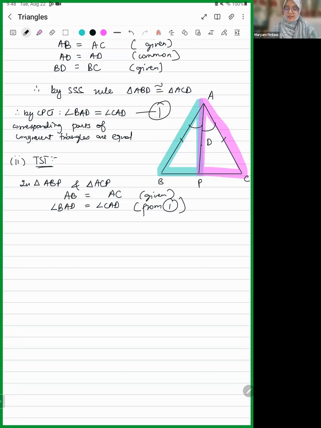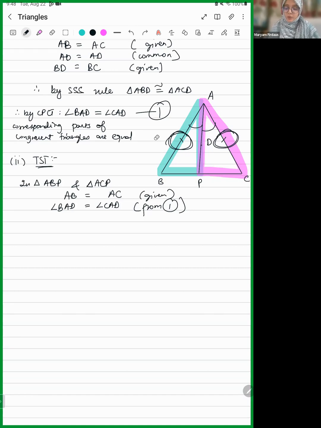These two sides are equal, and the middle one is common. This side AP is a common side. So we say AP is equal to AP, reason, common side.